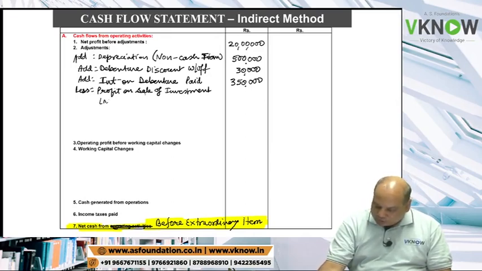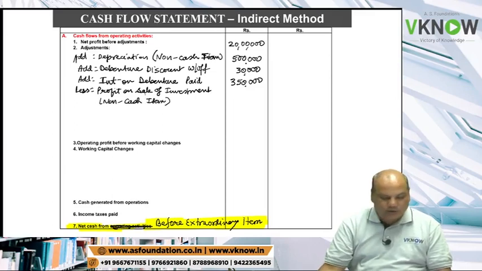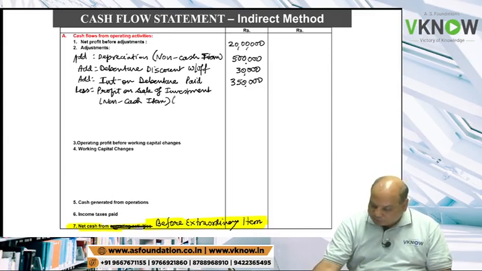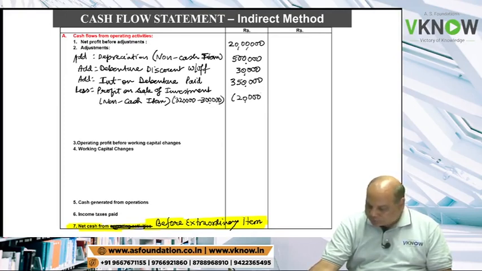This is a non-cash item. Profit credited to P&L account is a non-cash item, and the amount will be 3,20,000 less 3 lakh, that is 20,000.